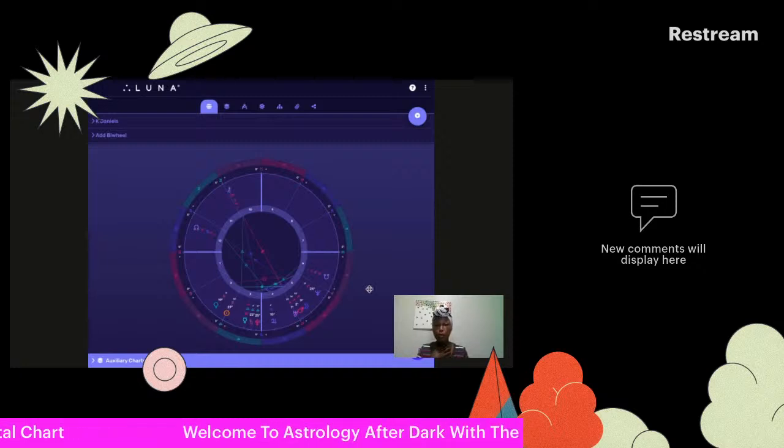Now, as you can see here on this chart, this represents Mars and this represents Uranus, and they are all conjunct the moon, which is your emotions, right? And they're all in the fifth house, the house of children.